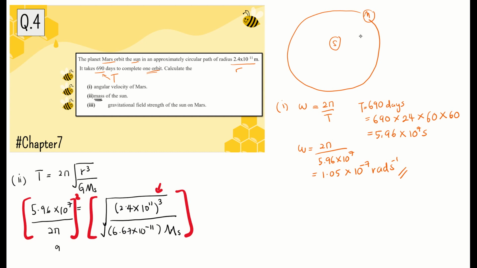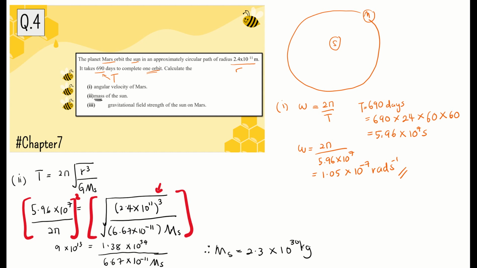So you'll get 9 times 10 to 13 is equal to 1.38 times 10 to 34 over 6.67 times 10 to the minus 11 mass of Sun. So finally you'll get your mass of Sun is equal to 2.3 times 10 to the power of 30 kilogram.